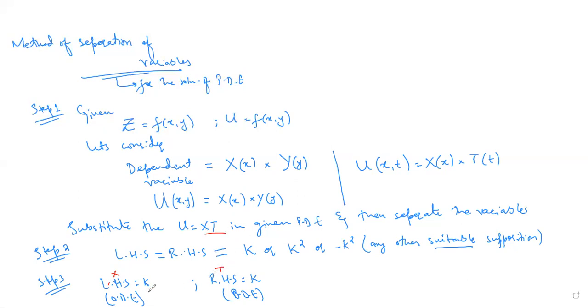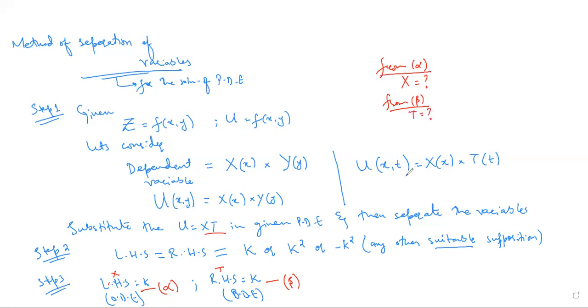So from the solution of this equation, maybe you can say the equation alpha, and we can say this equation beta. From equation alpha, you can evaluate the value of x. Similarly, from equation beta, you can evaluate the value of t.